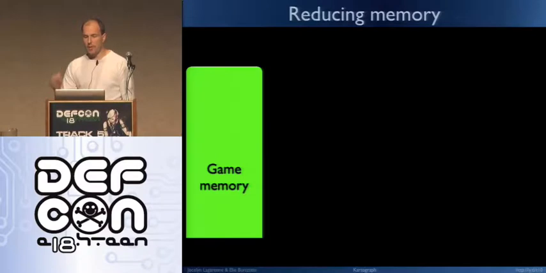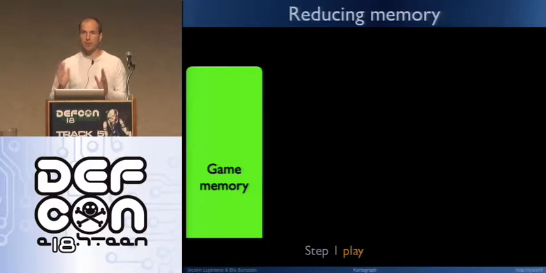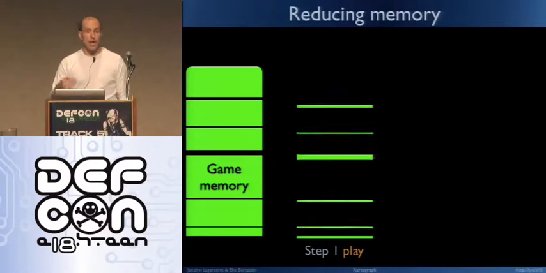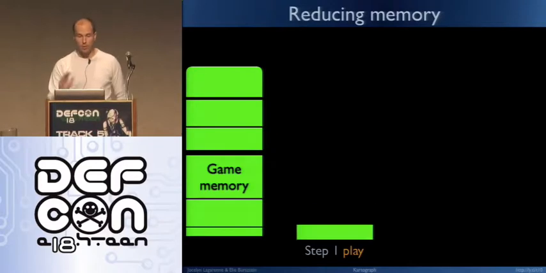So the first step to instrument the game is that we play the game and try everything except discovering the map, and we only keep the part which did not move, because we didn't discover the map, so it must be memory which didn't change. It should help us reduce what we are considering.